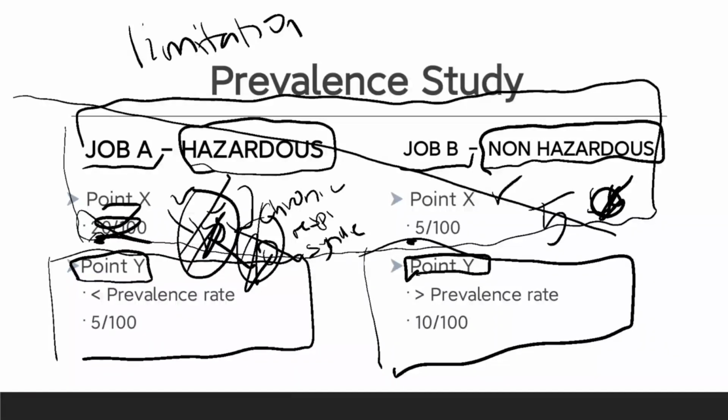Yung mga individuals or some participants na nag-develop ng chronic respiratory syndrome, nung chinek natin ulit, 5 na lang yung sumagot na nag-develop sila ng chronic respiratory syndrome. Whereas dun sa non-hazardous, since hindi pa nag-resign yung nag-develop ng chronic respiratory syndrome, no, nangyari, nadagdagan pa ng 5.